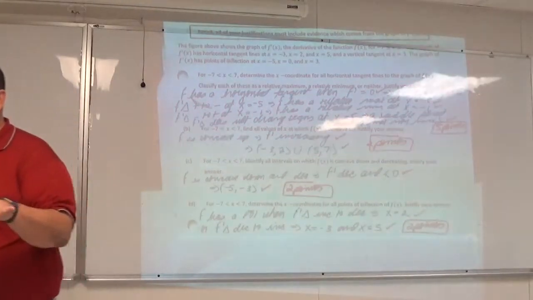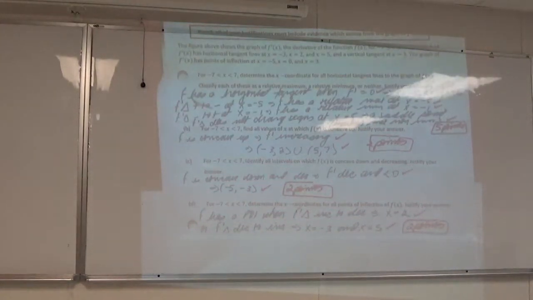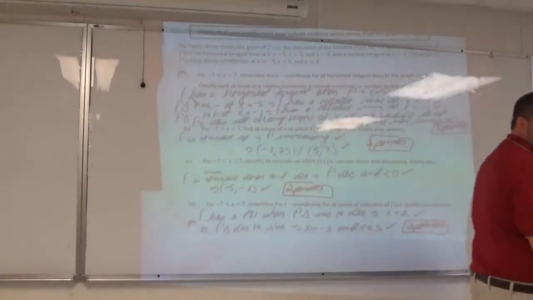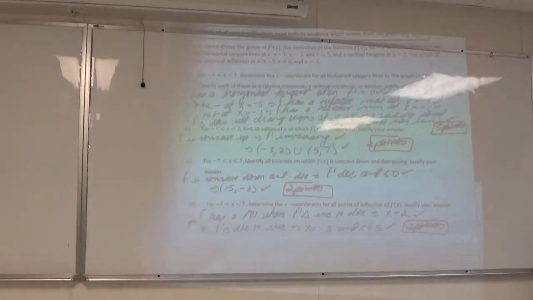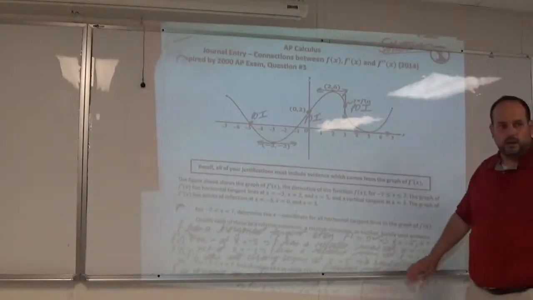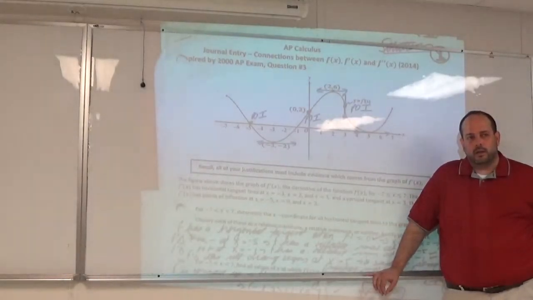Questions on A through D before we hit the hard stuff? Delia. So for A, it's talking about the horizontal tangent lines? I thought that when you look at the horizontal tangent lines, you look at this. Okay, you're right, but here's the thing. Which graph am I asking you about in part A? F of x.